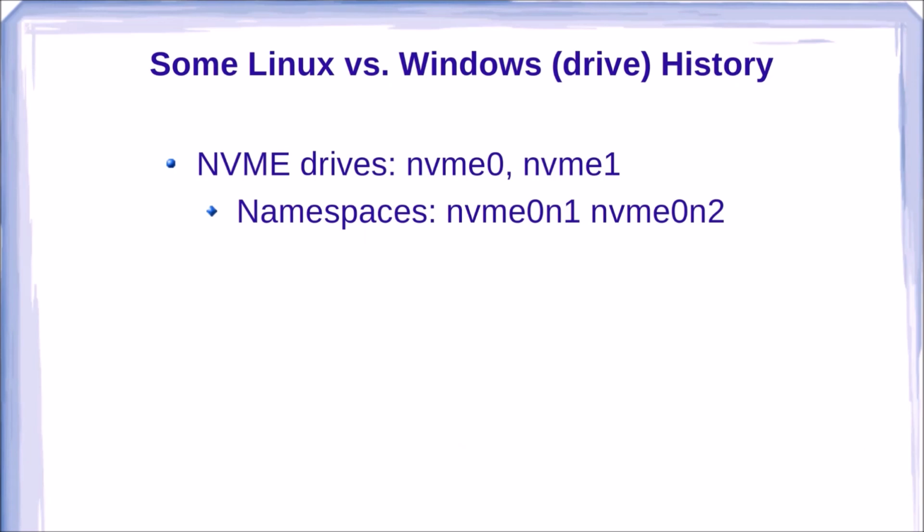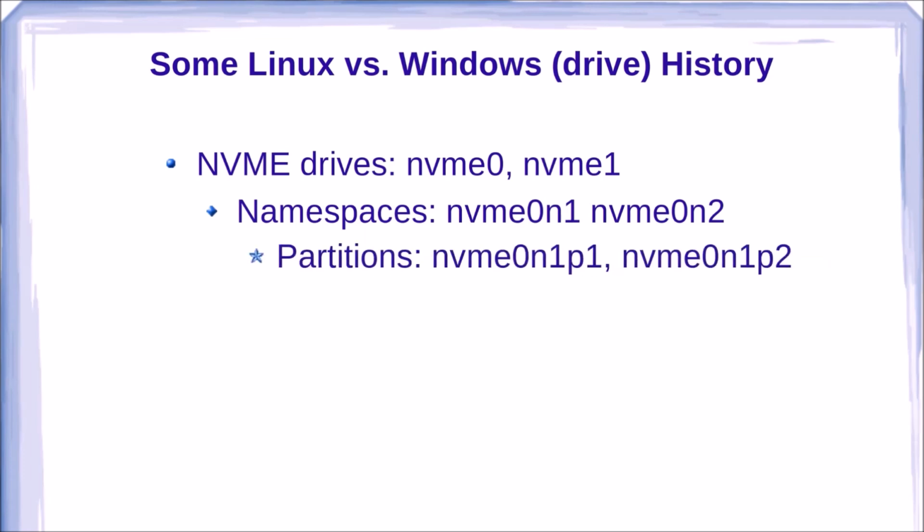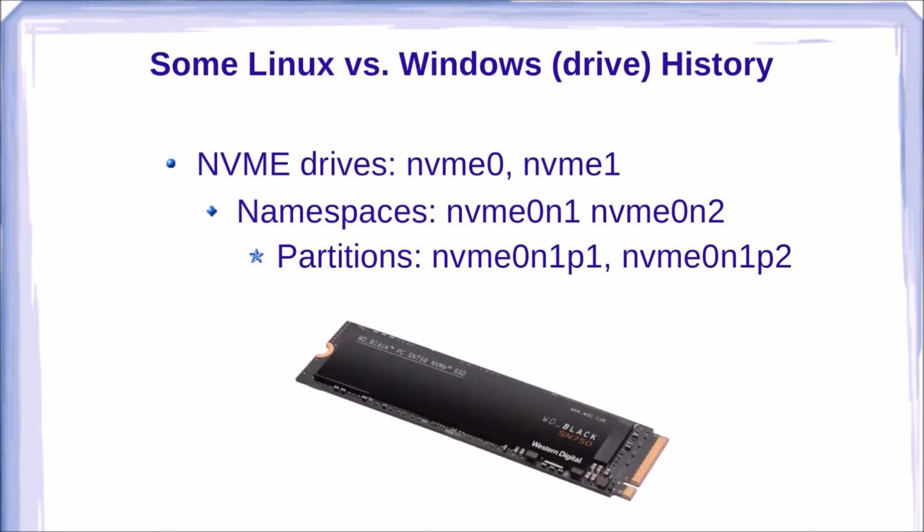Isolating, it could be one company from another, I don't know. You now know as much about namespaces as I do. But anyway, they have partitions also. The first would be NVMe 0N1P1. And by the way, your drive will have NVMe 0N1P1 and P2 also, because that's the way they format them. And anyway, here's a picture of them if you haven't seen one.